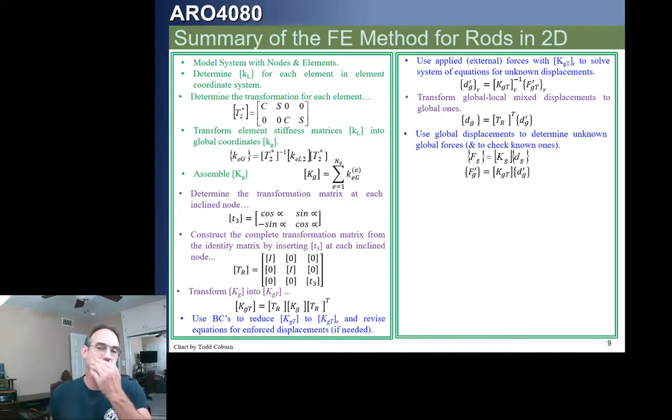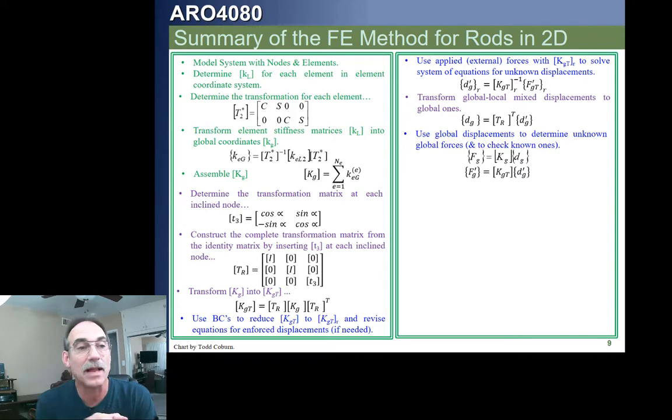And we use our transformed global matrix to get our transformed forces. So we're actually going to do this twice. You'll see we're going to put in all global coordinates with our global stiffness matrix to get the global external forces. This will give us any reactions at non-inclined nodes. We then are going to use DG prime, which actually has some uninclined information and some inclined information.